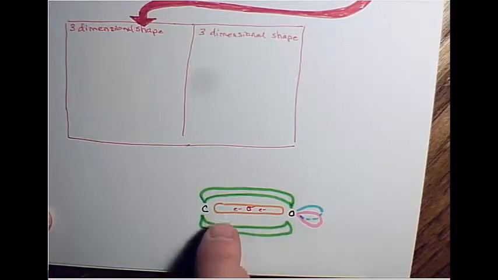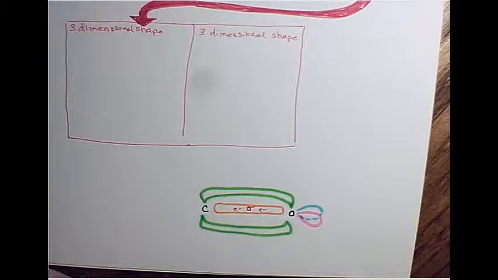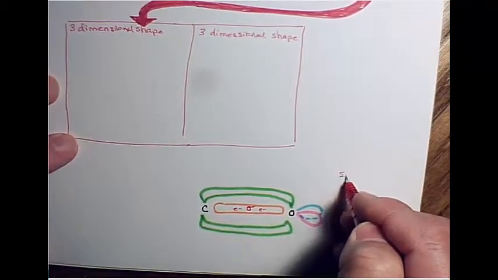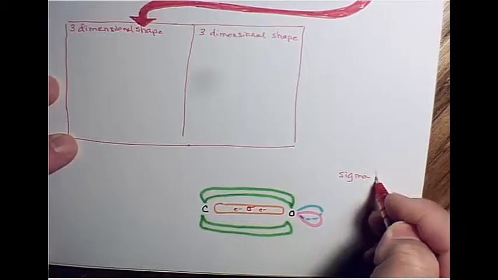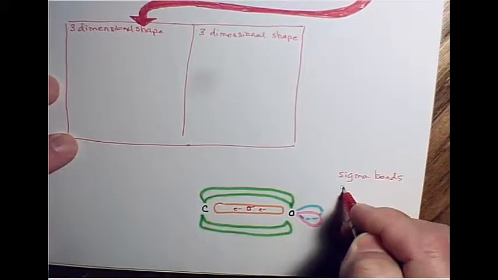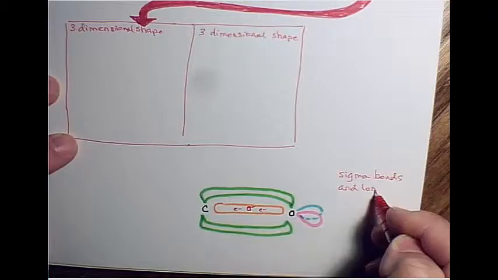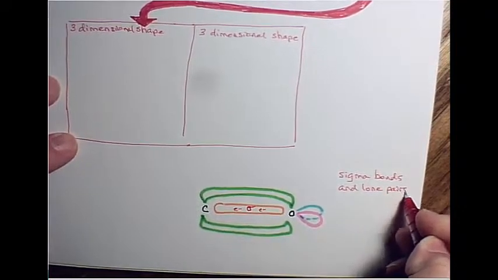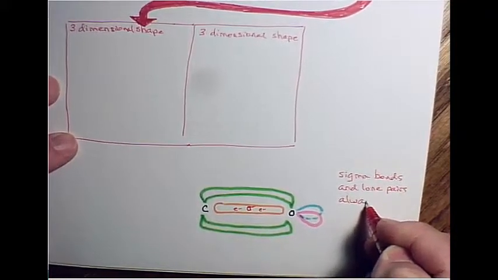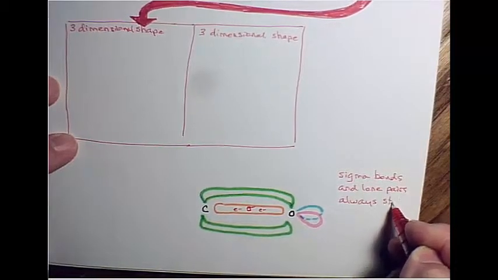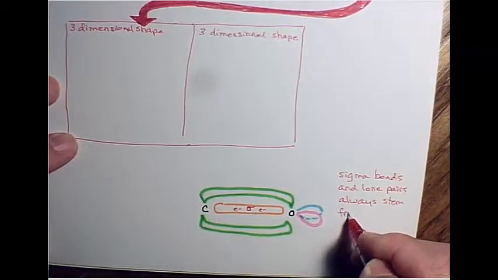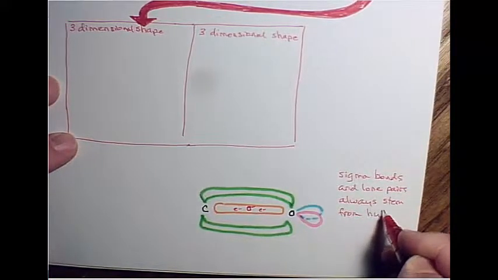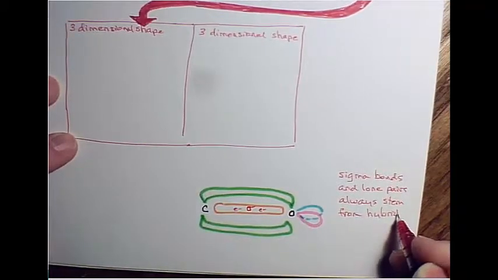So sigma bonds always come from hybridized orbitals. So sigma bonds and lone pairs always come from hybridized orbitals, okay? Sigma bonds and lone pairs always stem from hybrid orbitals.